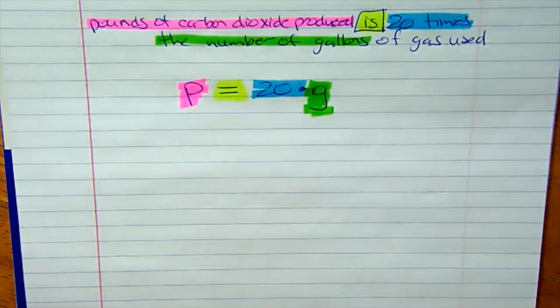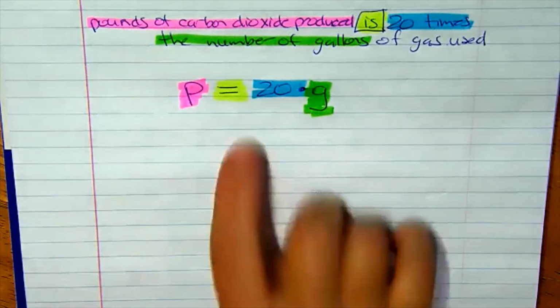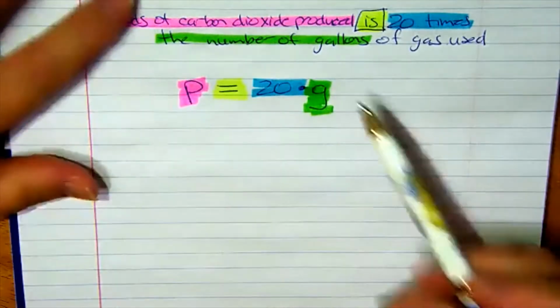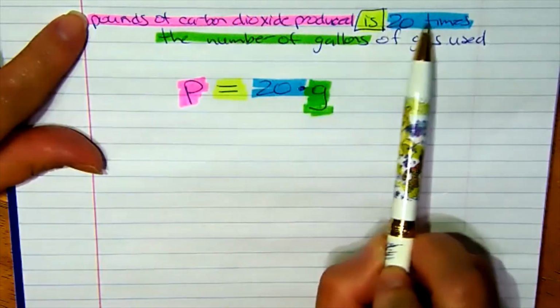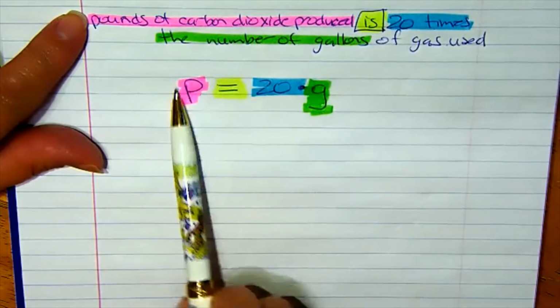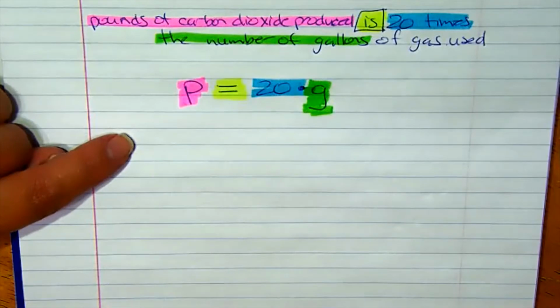So we have taken this word sentence and turned it into a number sentence. And take a look at the color coding. Pink, yellow, blue, green. My number sentence matches my word sentence.